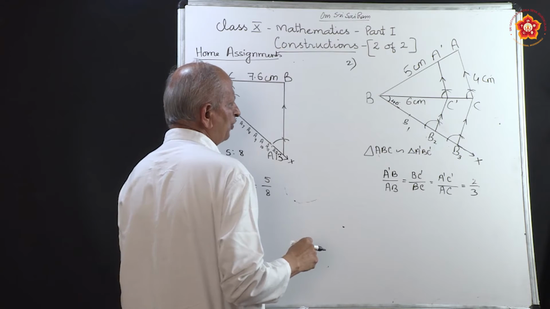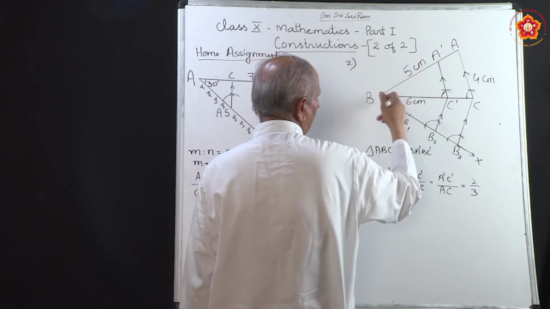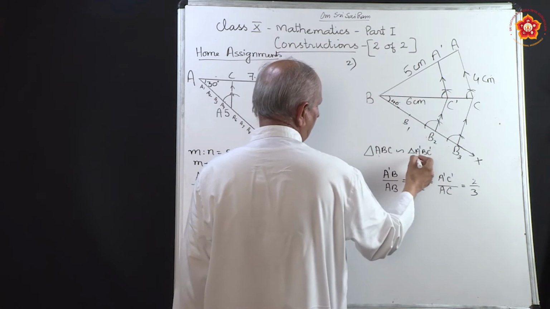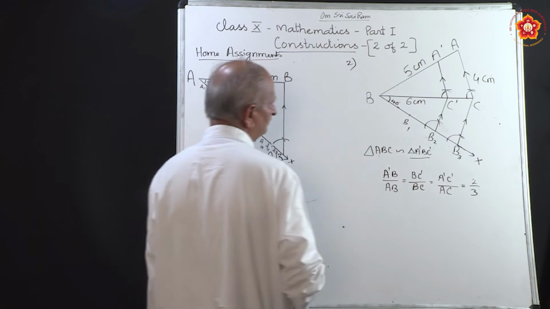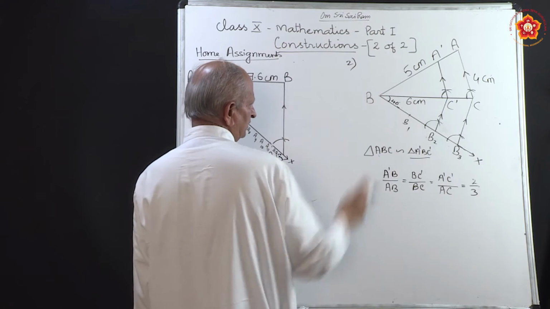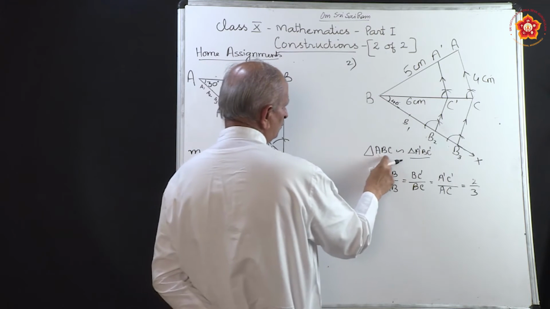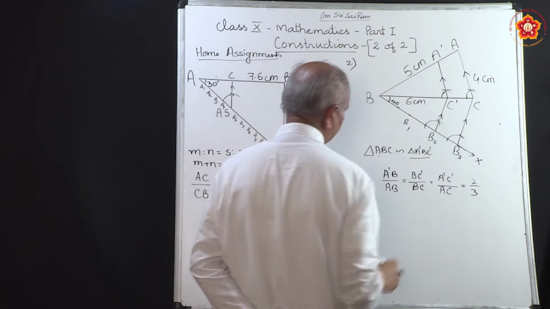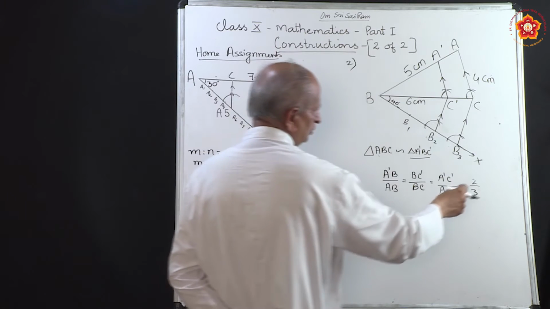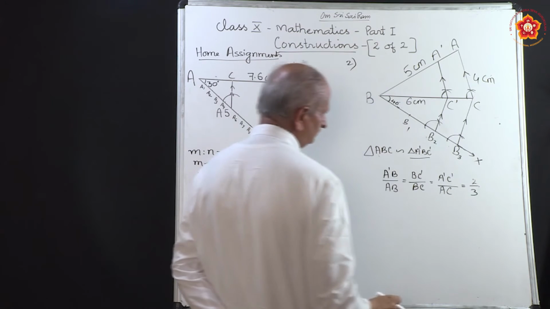So, what you have done now is triangle A dash B C dash. So, triangle A dash B C dash, here B is common, is similar to ABC. And what is the ratio? Ratio is 2/3.